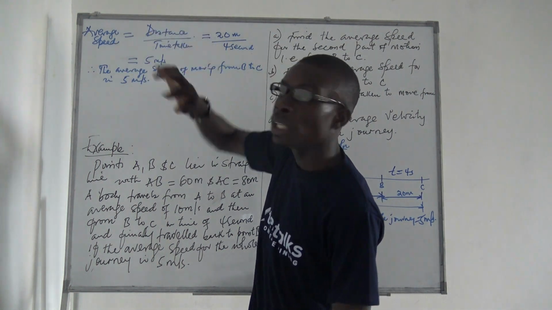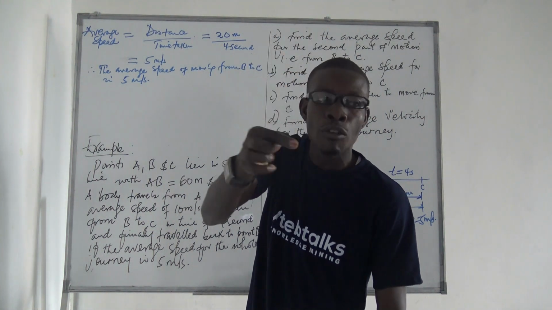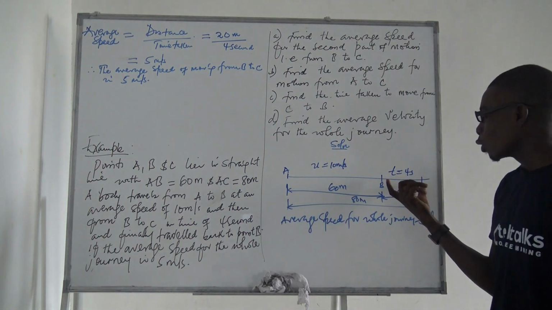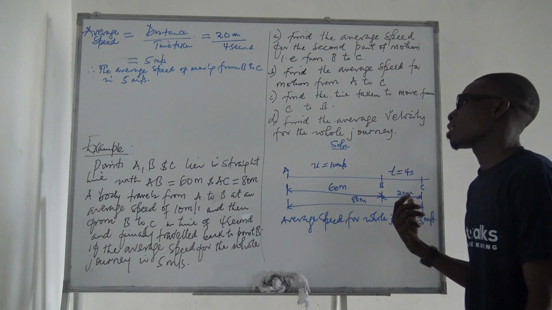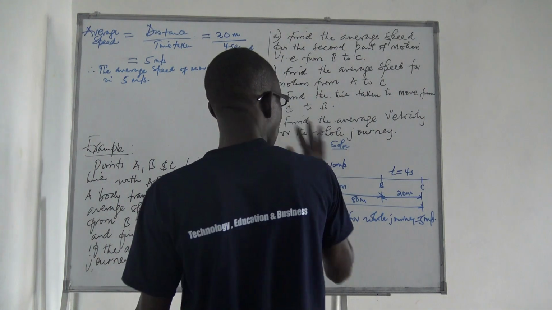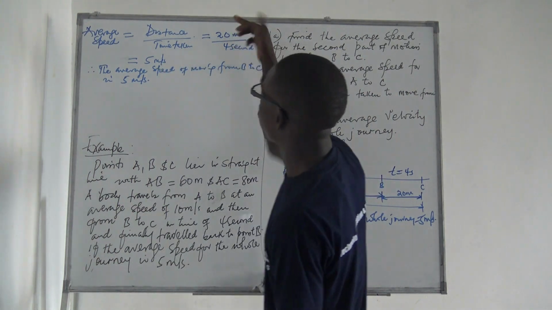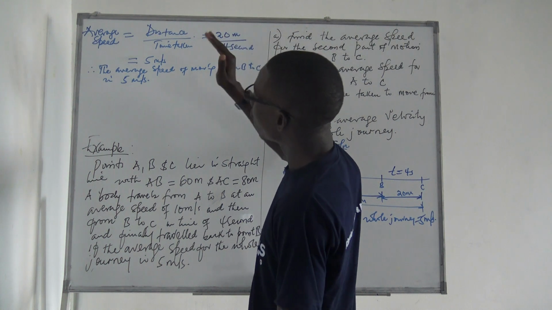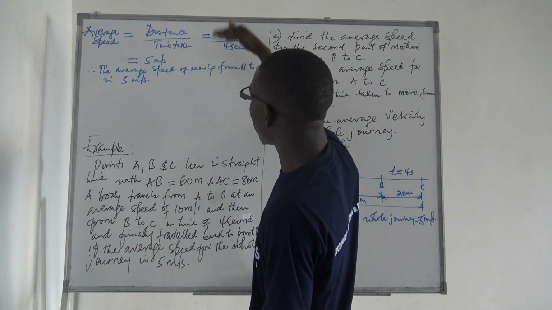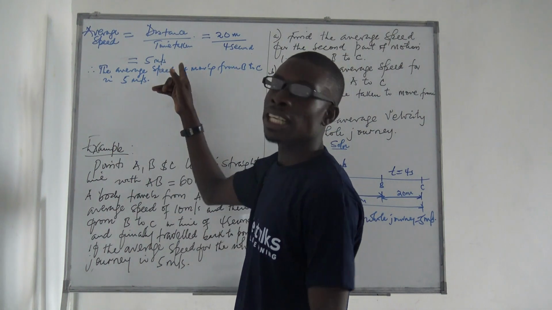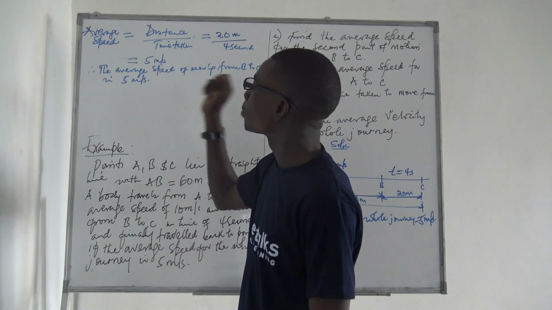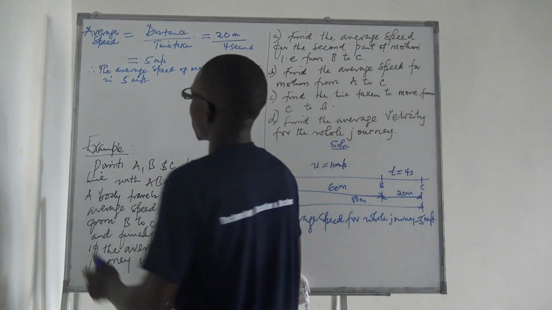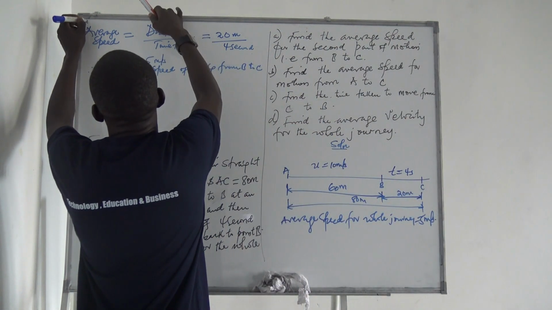Even the time here should be the time of B to C. From our illustration here, we realize that the distance B to C is 20 meters. And then again, the time was given as 4 seconds. So we can say it is 20 divided by 4 to get 5. If you divide using your calculator, you'll realize that the answer we are getting here is 5 meters per second. Is that okay? That is for the first part.